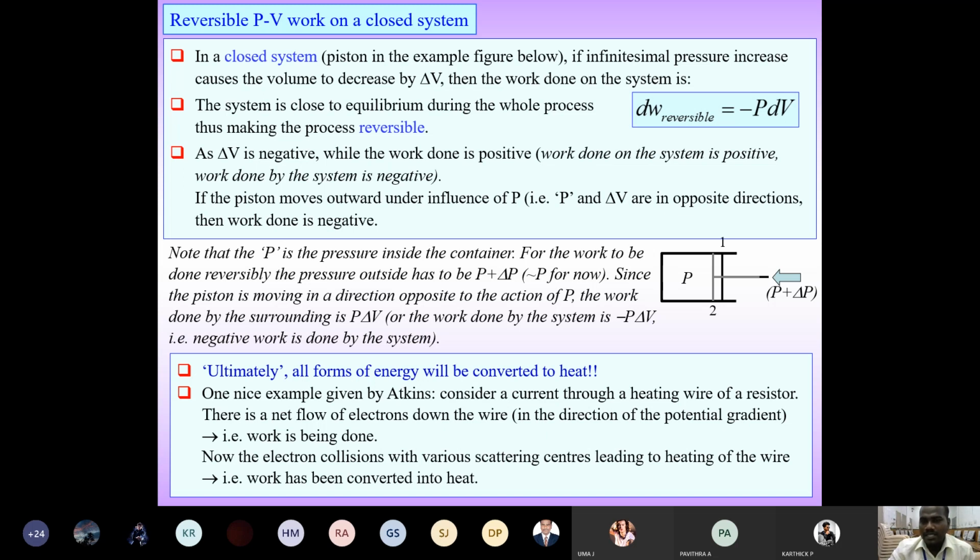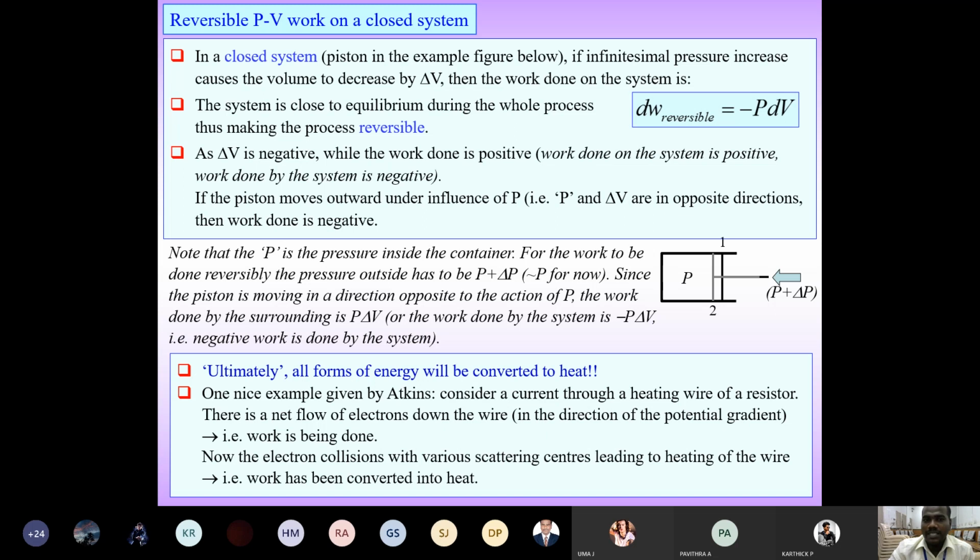Work done on the system means we are applying work to the system, so that will be positive. Work done by the system means we get some work from the system.